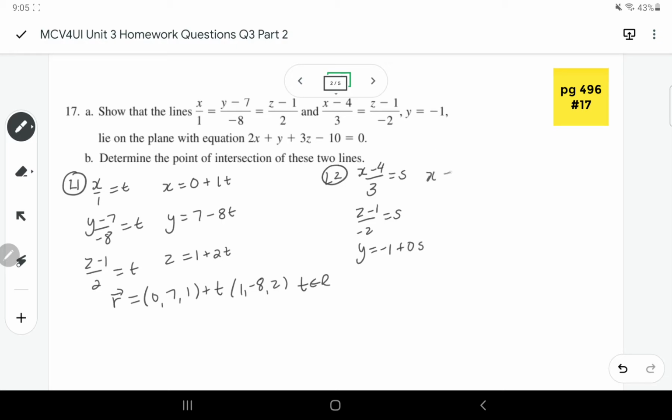So here x is 4 plus 3s, y is 1 minus 2s, and then the vector equation of this is going to be (4, 1, -1) plus s times the direction vector there.